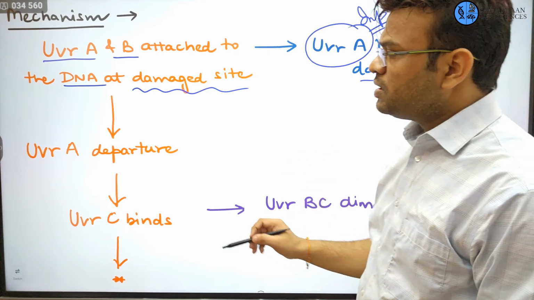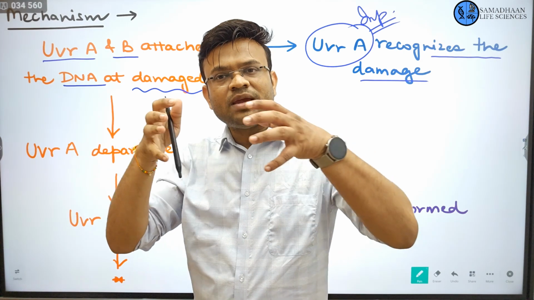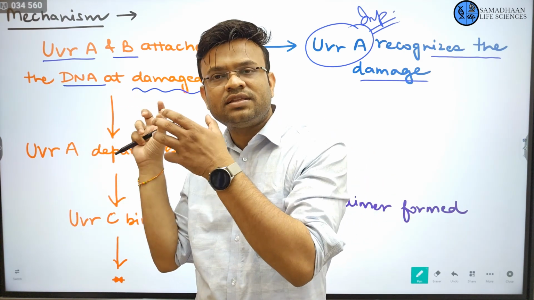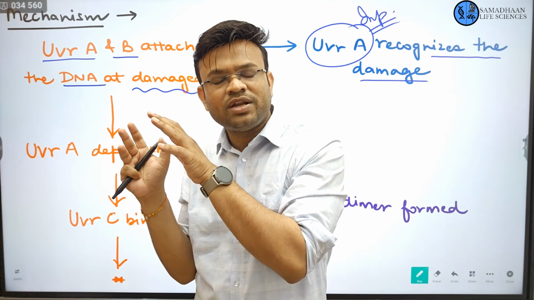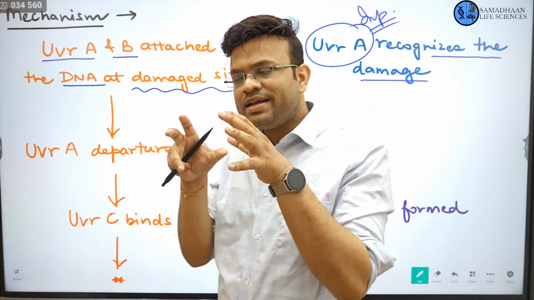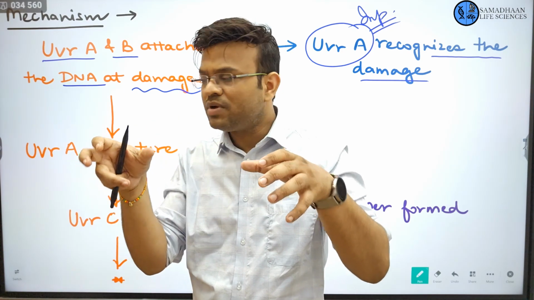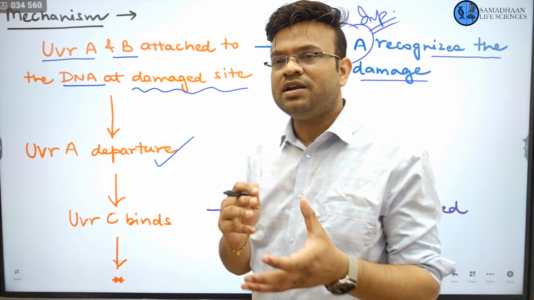Okay, now once UVRA and UVRB came together, UVRA's function was to identify the lesion. What is the function of UVRB? I will be telling you in a bit. But now since UVRA has identified the lesion, where the problem is, UVRA will be departed.